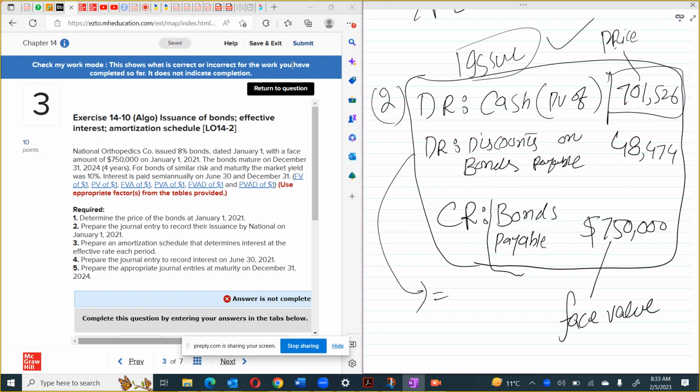Now what to do? You will use the same format. You will increase the outstanding balance the way we have been increasing. The first amount will be the present value. Now you just have to increase every carrying value with this amount.